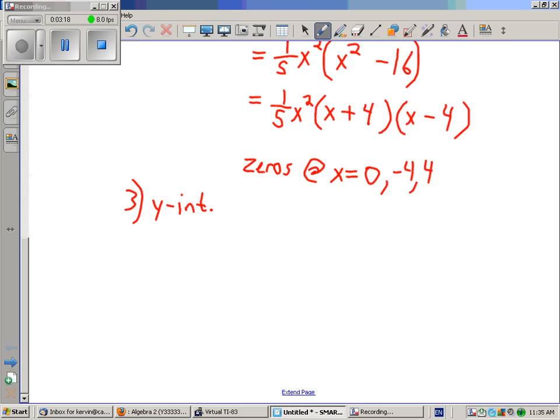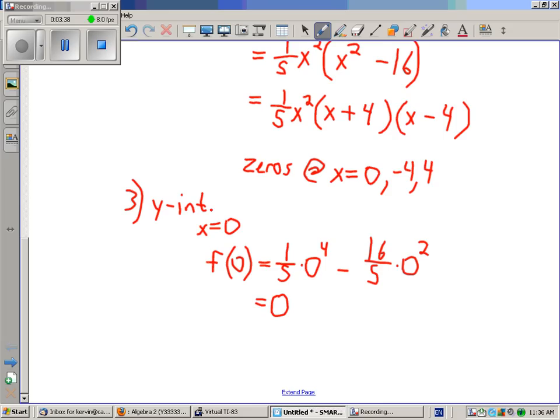Our y-intercept is when x is equal to 0. So we plug in f of 0, we get 1/5 times 0 to the 4th minus 16/5 times 0 squared. This becomes 0 minus 0. So we have 0. So our y-intercept is at the origin.